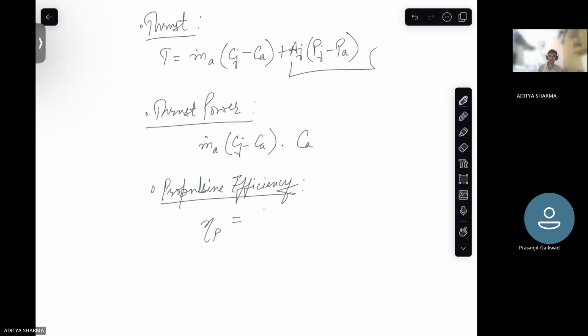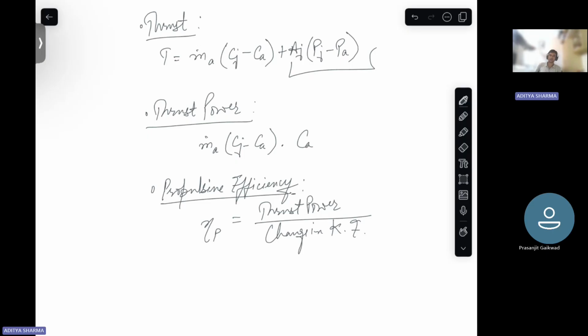So what is propulsive efficiency? This basically is thrust power divided by change in kinetic energy. Change in kinetic energy of what? Change in kinetic energy of your working fluid. Okay.